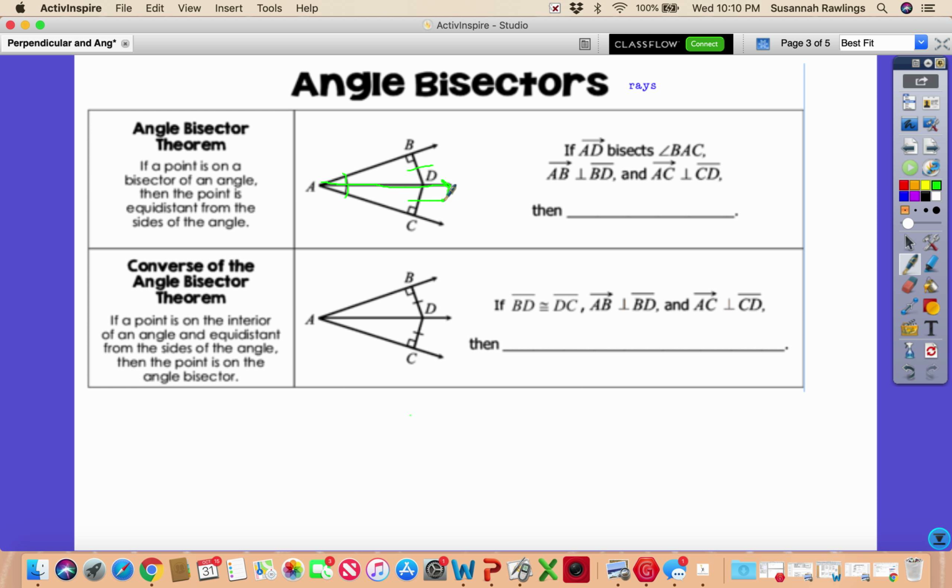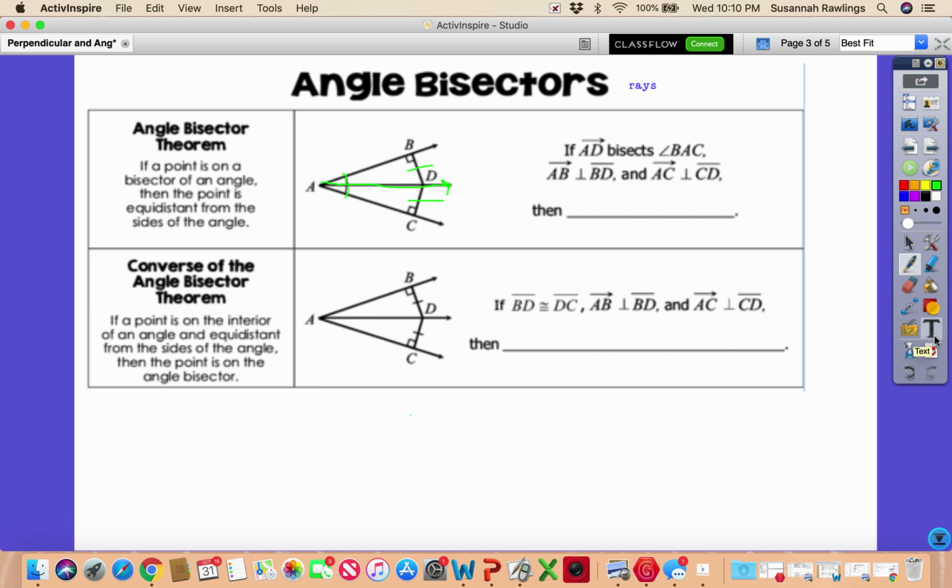They're going to be that same distance from the sides of the angle. So not these long sides of the actual angle, but that same distance away from the sides. So a little different than the perpendicular bisector theorem, but still the same concept.